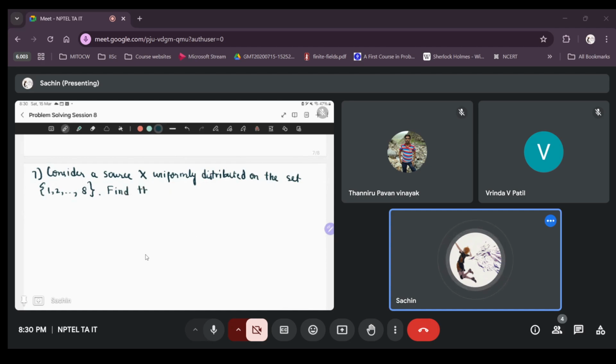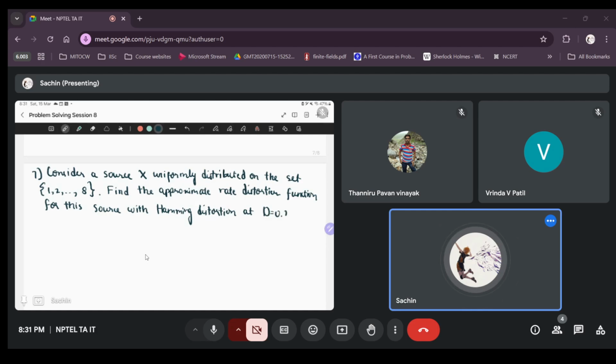Find the approximate rate distortion function for this source with Hamming distortion at D is equal to 0.25. Options are 2.81, 1.89, 1.49, none.